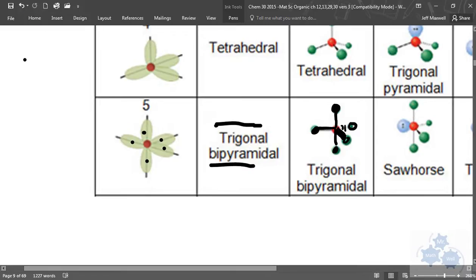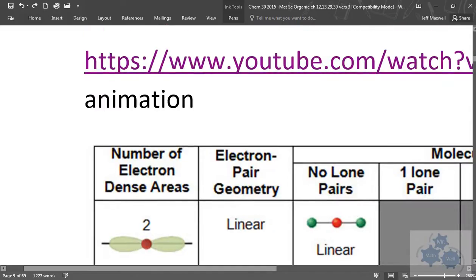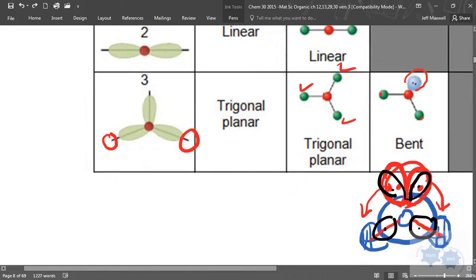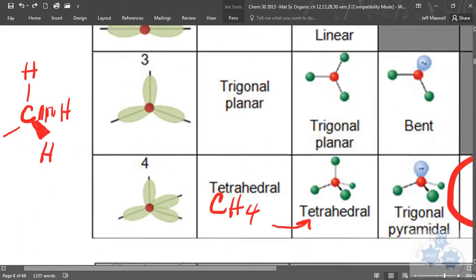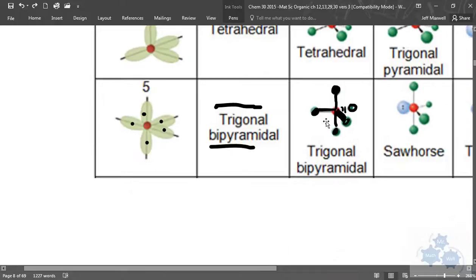As I mentioned before with the molecular model kits, I want you to get to play around a little bit. Hopefully you'll be able to see, and it's a little tough to see here, that you would have a pyramid there, right?